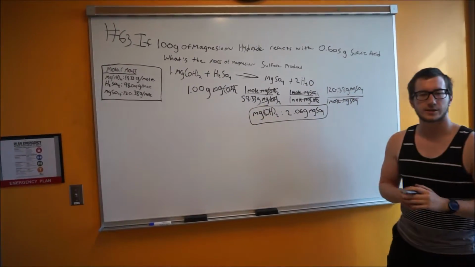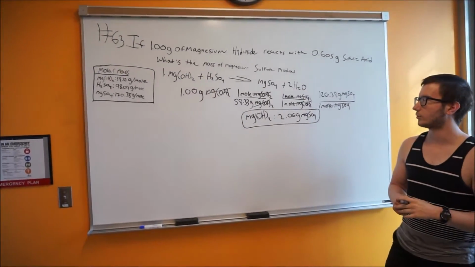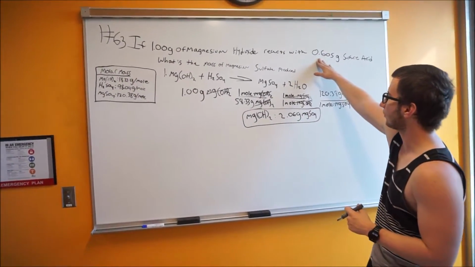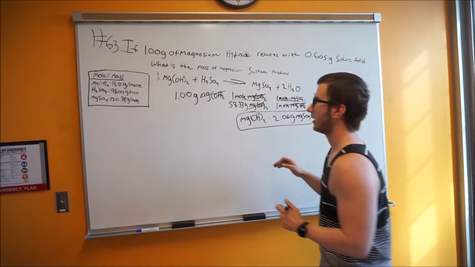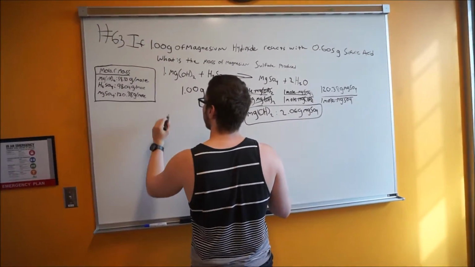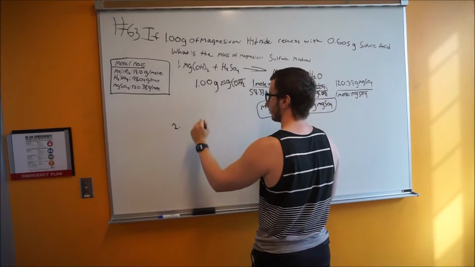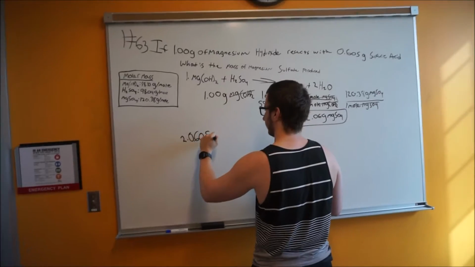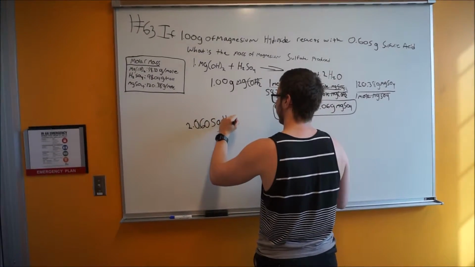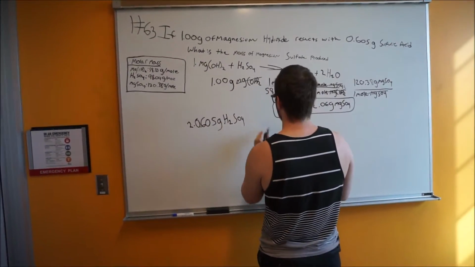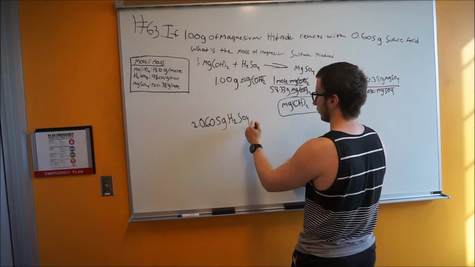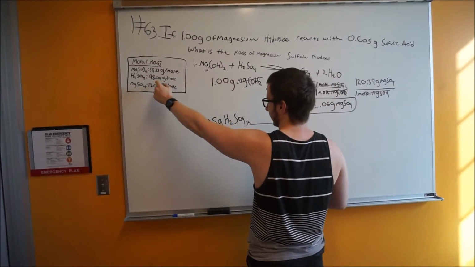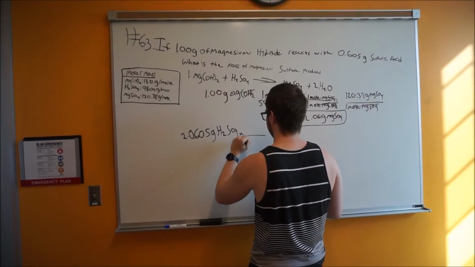From there, we would do our second known amount, which in this case is 0.605 grams of sulfuric acid. So you start off by putting that here, 0.605 grams of H2SO4, and then we need to convert that to moles, so we put the molar mass, which is 98.09, on the bottom.